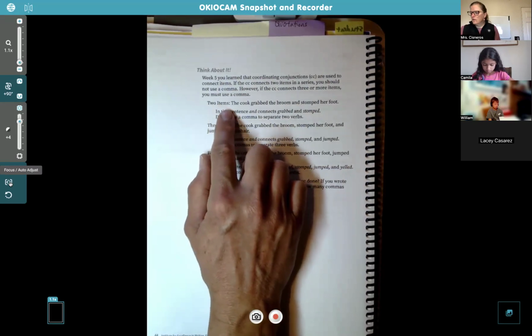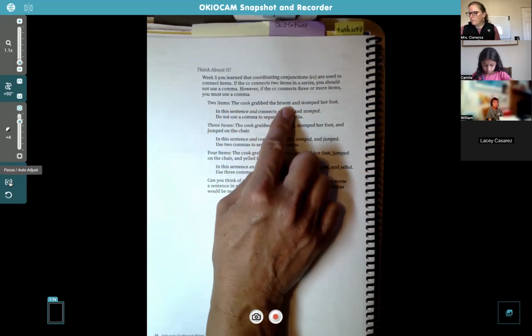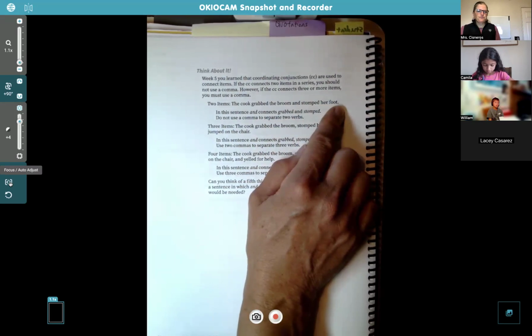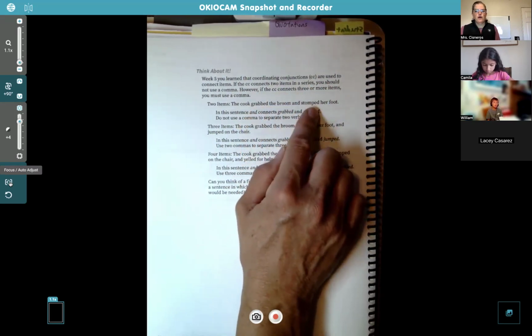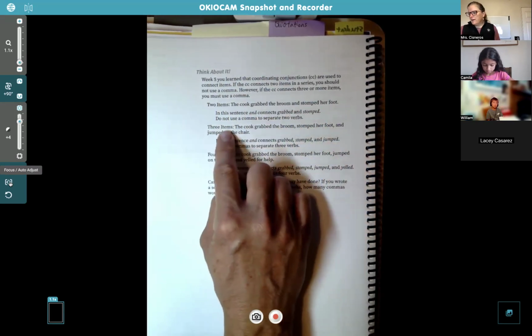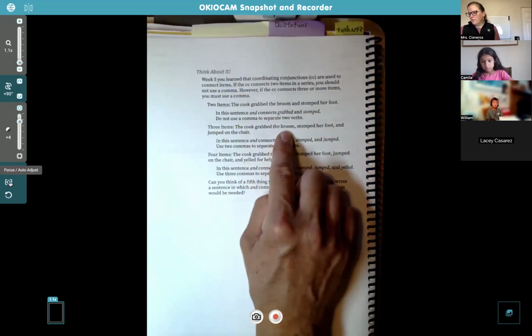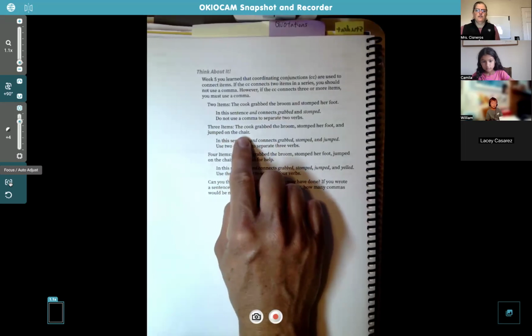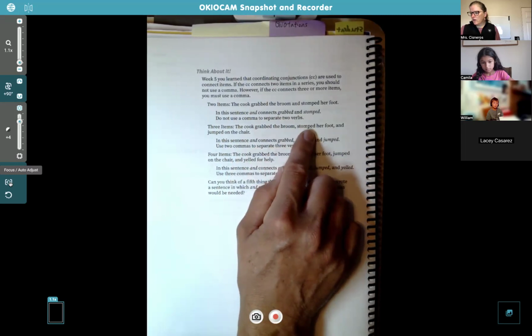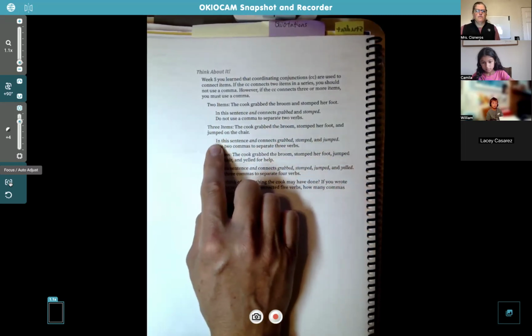2 items. The cook grabbed the broom and stomped her foot. So she did 2 things. She grabbed and stomped. So no comma there. 3 items. The cook grabbed the broom, stomped her foot, and jumped on the chair. So that time she did 3 things. So we need commas there. She grabbed, stomped, and jumped.